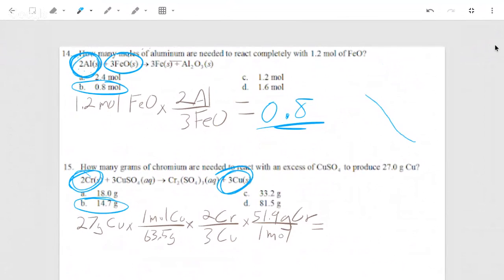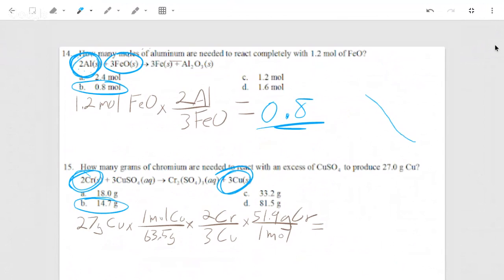Okay, so 14 is a question you're going to see a lot, a mole-to-mole problem. They're really easy. You can see how I did 14 right here. You start with the 1.2 moles of iron oxide. We're just converting it to aluminum. Use the numbers in the reaction. There's a 2 in front of aluminum, so plug that in on top.